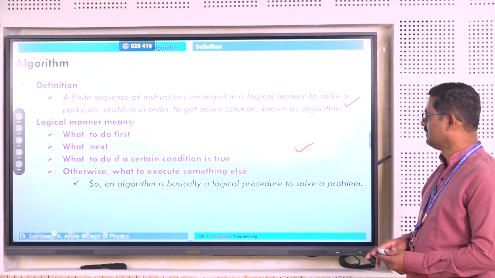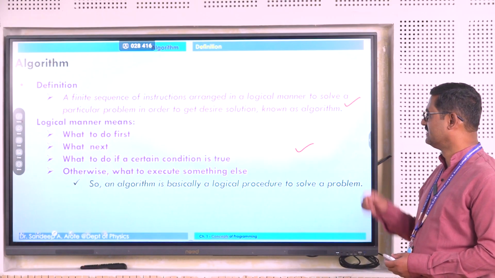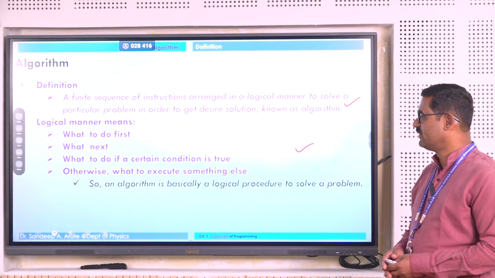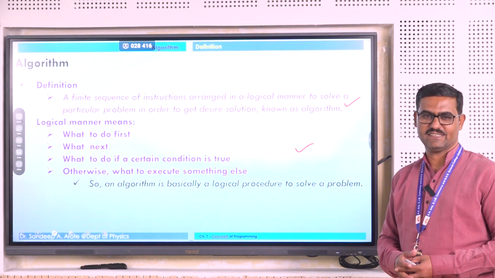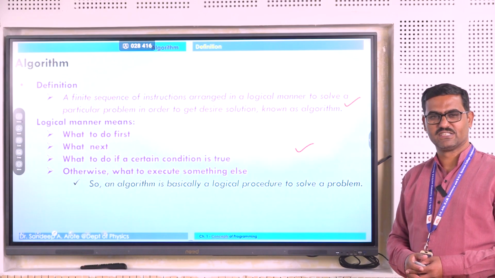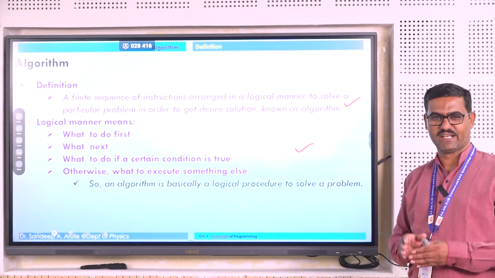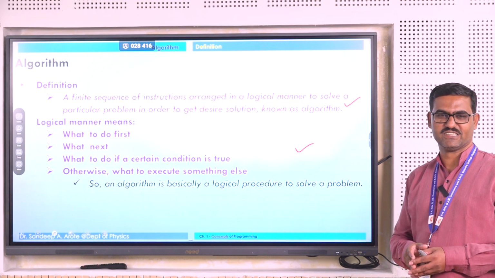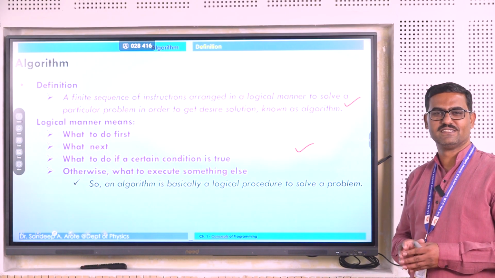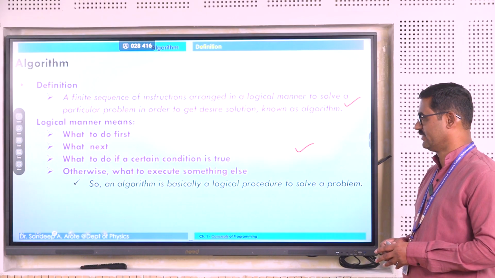So algorithm is basically a finite set of instructions arranged in a logical manner to solve a particular problem in order to get a desired solution. So whatever instructions you are writing, if you are writing them sequentially in a logical and precise manner to approach a particular solution, that is output, then such a set of instructions is known as algorithm.